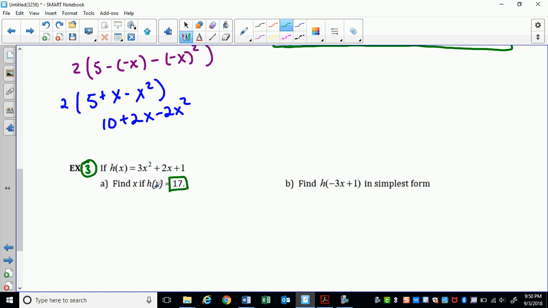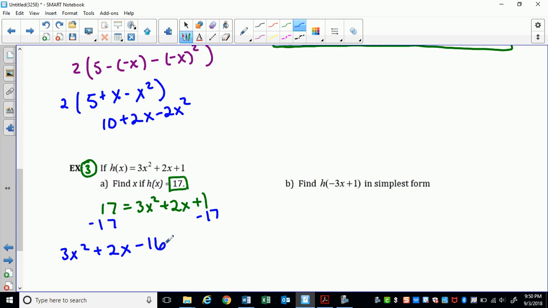They're telling you that h of x equals 17, so you're going to substitute it in. 17 now equals the 3x squared plus 2x plus 1. And we're going to always, when we have a quadratic, set it equal to 0. So in order to do that, I'm going to have to subtract 17, right, to move it to the other side. And now my function is 3x squared plus 2x minus 16 equals 0.